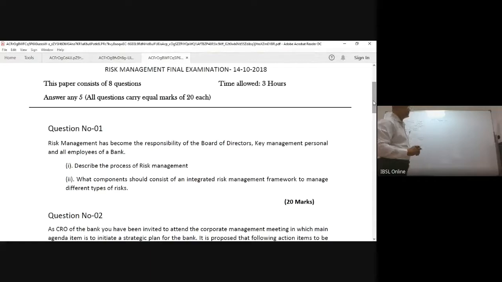The IRM framework includes policies, procedures, and structure. You have answered part of this, but I would like you to elaborate a little on what these are. You remember we discussed policies.